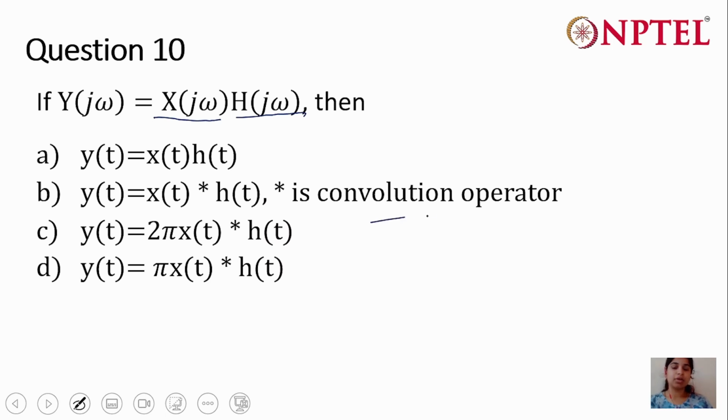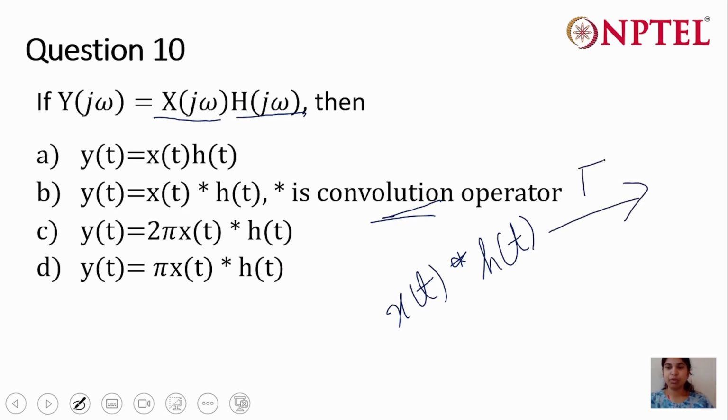Correct. So there it's going to be convolution. So if I have x of t convolved with h of t in the time domain, if I take Fourier transform, it's going to be X of j omega into H of j omega.